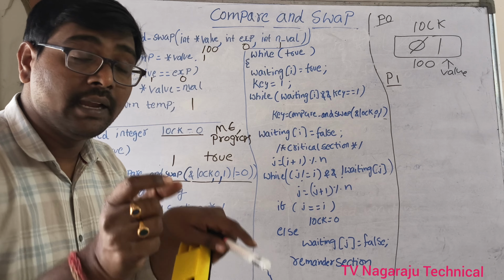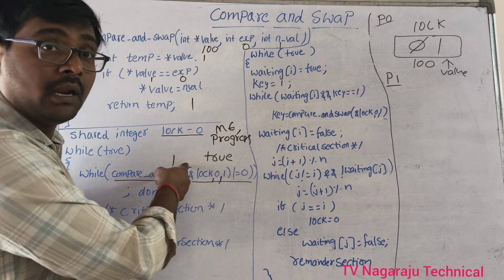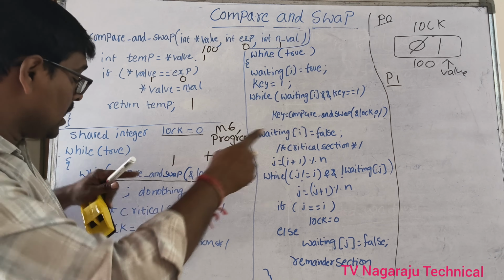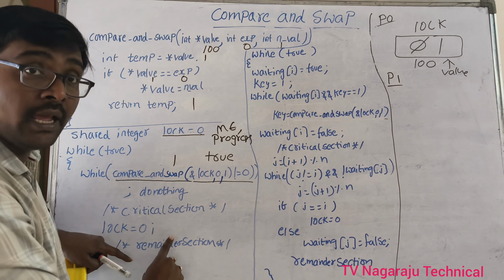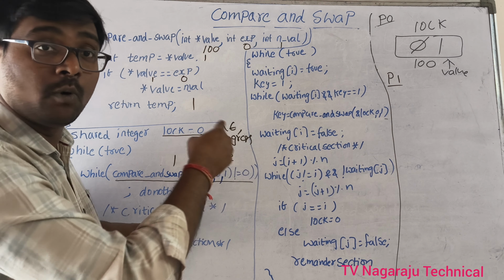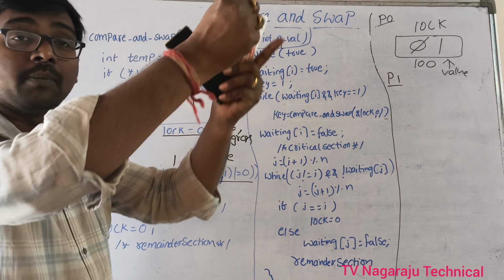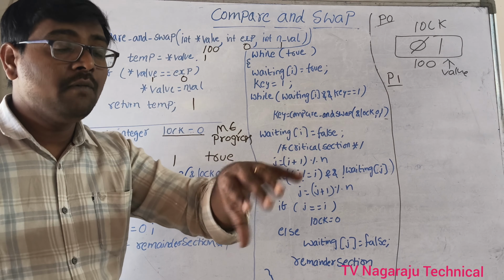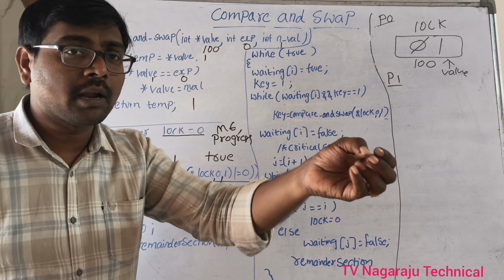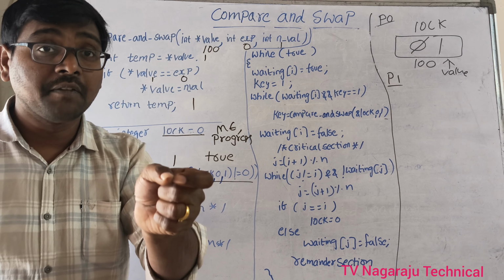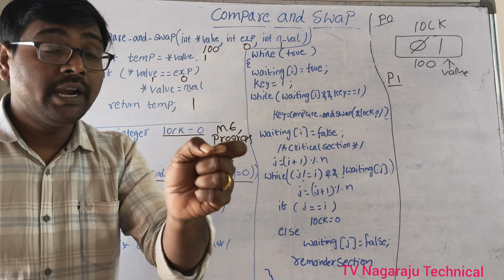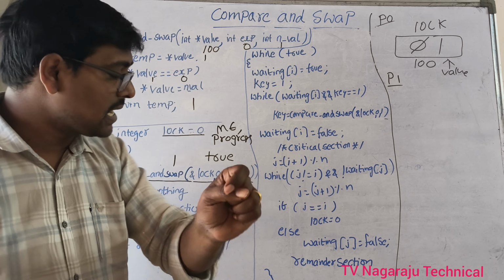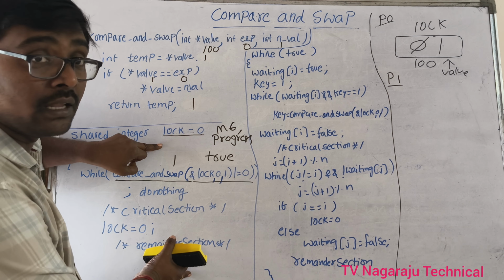Suppose if you are allocating the critical section again to P0, P1 is in the waiting state. Suppose P0 once again exits and requires the critical section one more time. Again if it is assigned to P0, P1 is waiting. So P1 is waiting an indefinite number of times. It leads to starvation. So the bounded waiting requirement is not satisfied by using this algorithm.